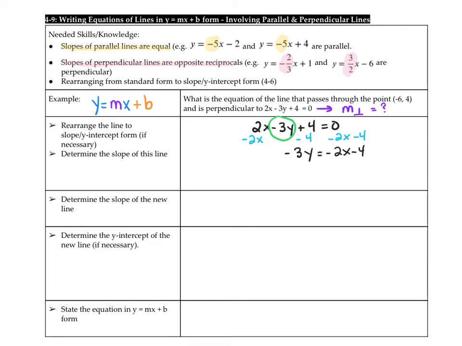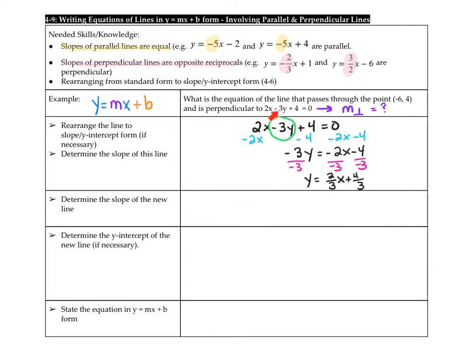The next thing you do is divide everything by -3, and put everything into lowest terms. -2 over -3 in lowest terms is 2/3. And -4 over -3 in lowest terms is positive 4/3.